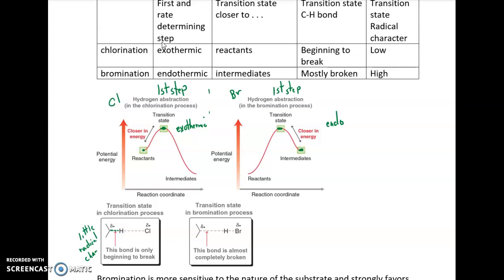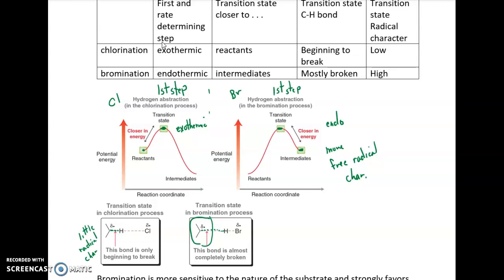And the intermediate is this free radical that we have down here. This is a long bond we get, and it has more free radical character. Okay, so the transition state has more free radical character.